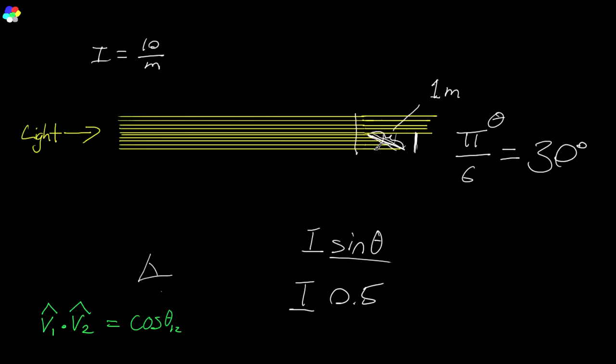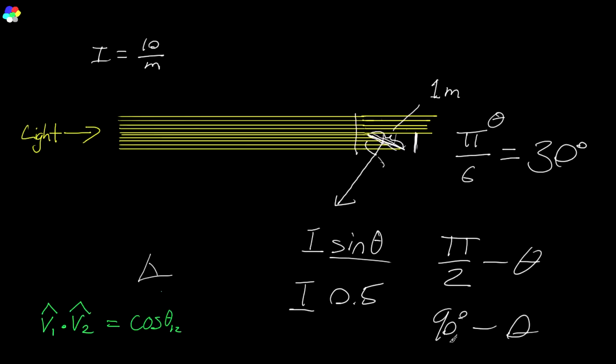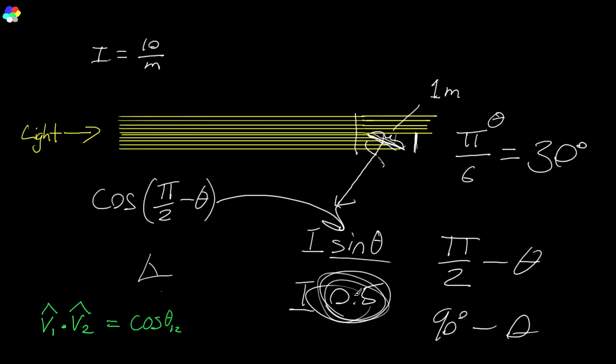So if we take the face normal of this surface, and we measure the angle between that and these light rays, we're going to see that angle is actually pi over 2 minus theta, which is 90 degrees minus theta. And it just so turns out that the cos of pi over 2 minus theta is equal to the sine of theta. So if we use our face normal with this light direction normal, we can calculate this intensity factor.